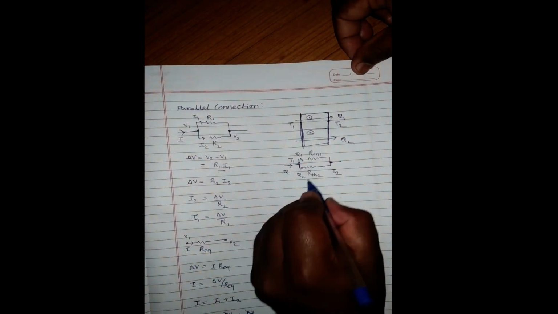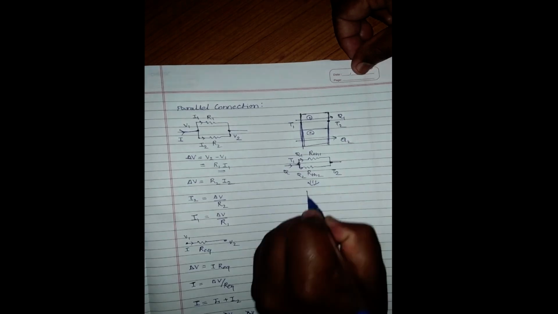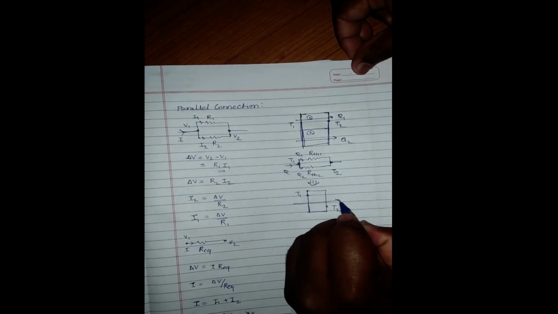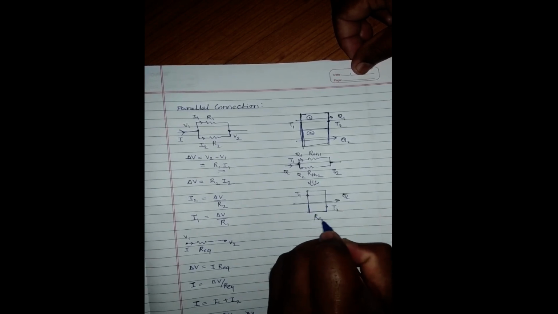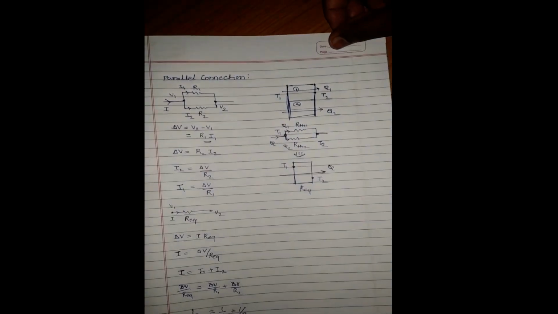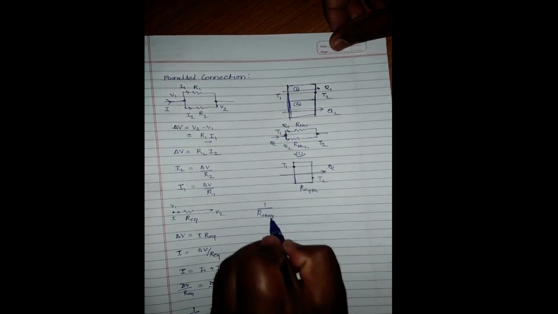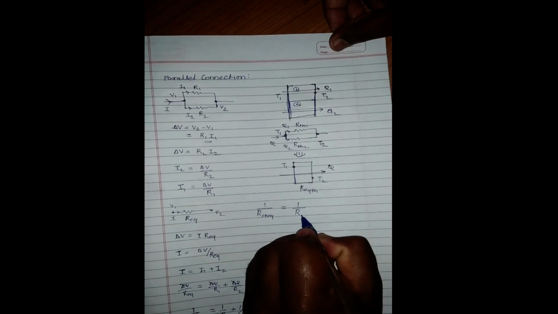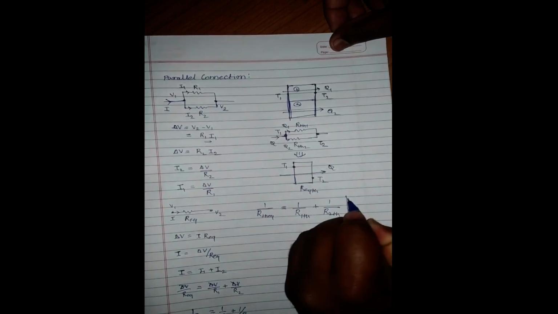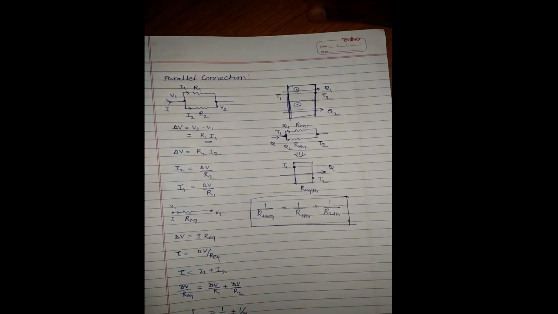So equivalent to this system we can write, suppose this will be another equivalent wall with surface temperature T1, this temperature is T2, heat flow through it is Q, and it will be R equivalent. Then similar to this parallel connection, we can write R thermal equivalent will be equals to 1 upon R1 thermal plus 1 upon R2 thermal. This is our required equation for parallel connection.